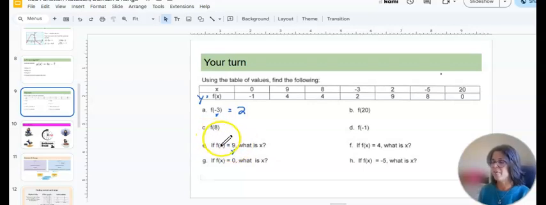They're saying f of x equals 9. They're asking us for x. What is the input? So now you're looking for the 9 in the y row, the f of x row. And you're going backwards to find what the x is. x is 2.